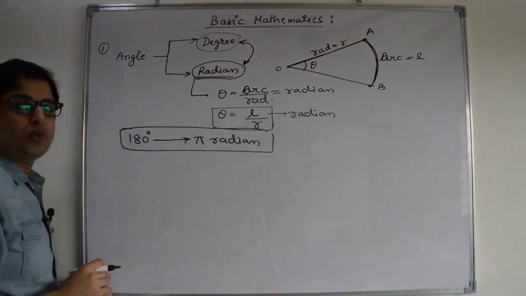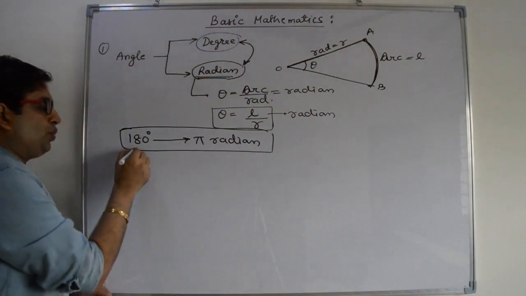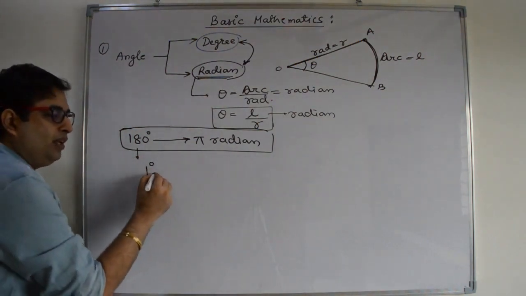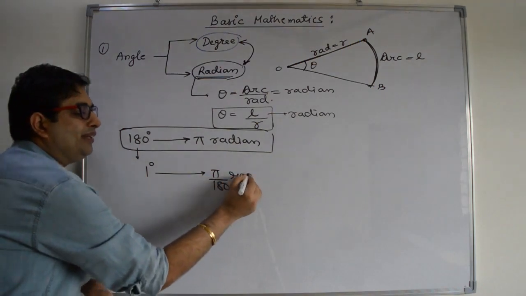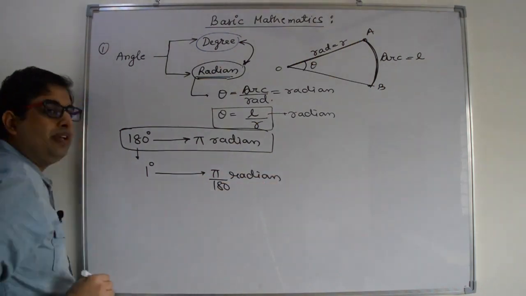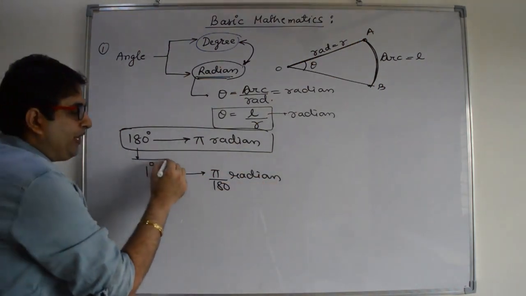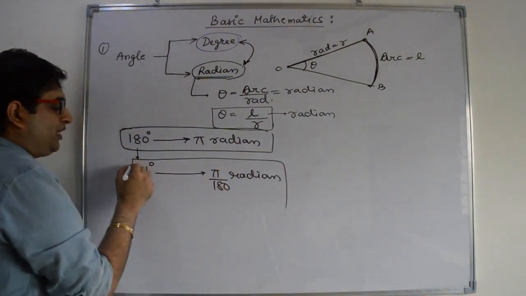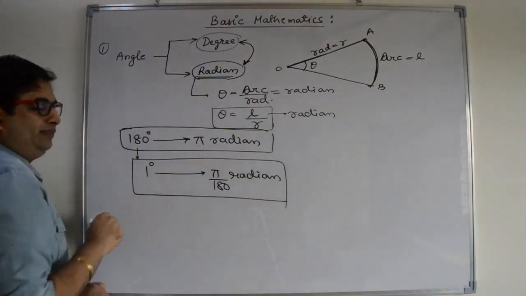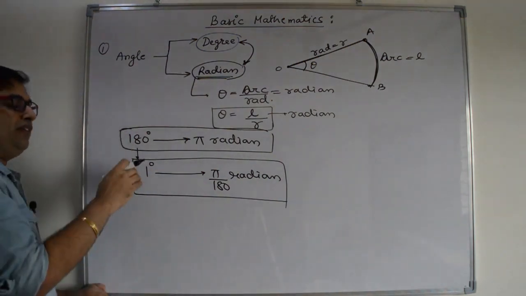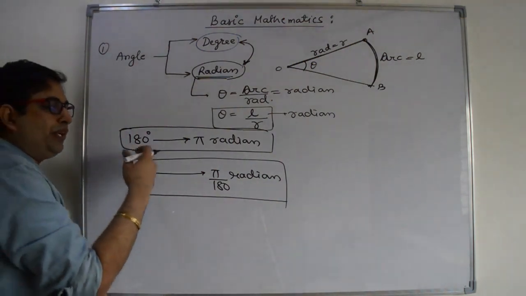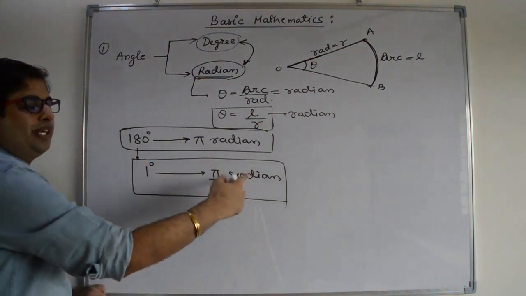So what is 1 degree? 1 degree will be pi by 180 radian. So whenever you have to convert degree into radian, you have to use this relation.